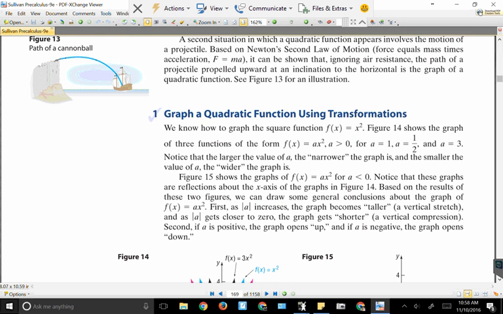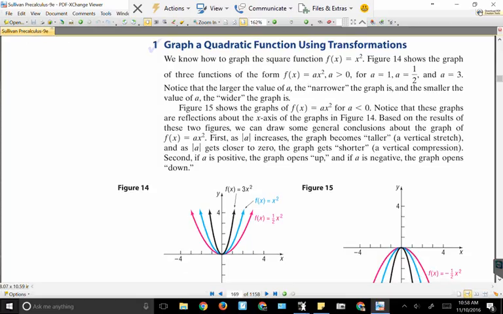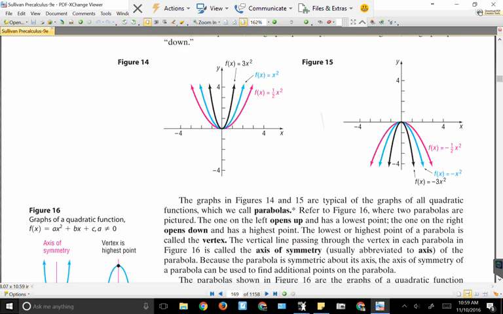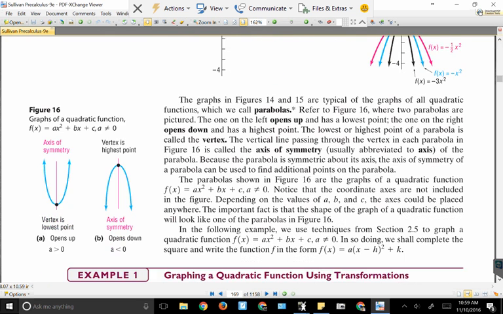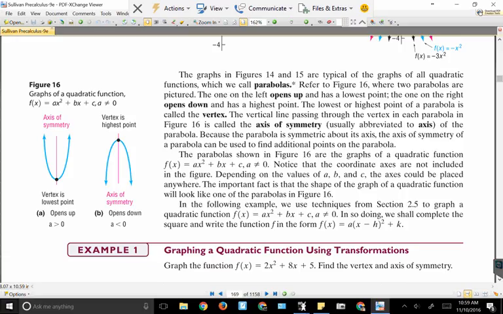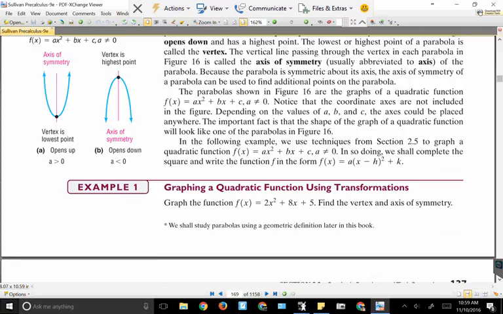So, remember playing with our transformations, right? Those are always fun. Make things bigger, make things smaller, wider, taller, shift around, all that happy stuff. We've done that before, so it's not that big of a deal. More often than not, we're not going to graph using transformations. You're going to use the graphing calculator, plug it in, and go from there.